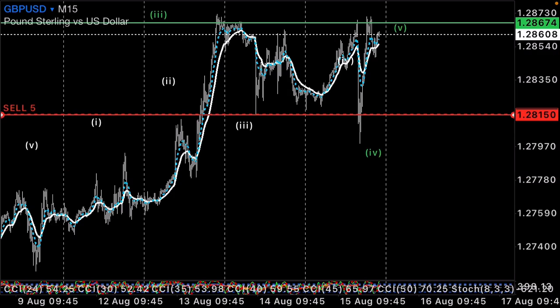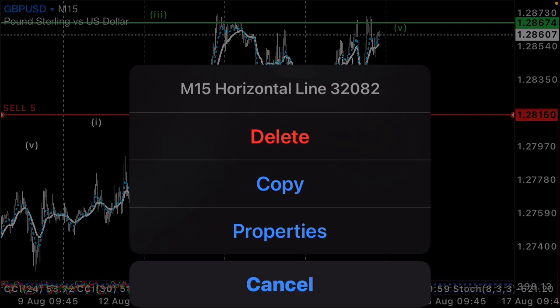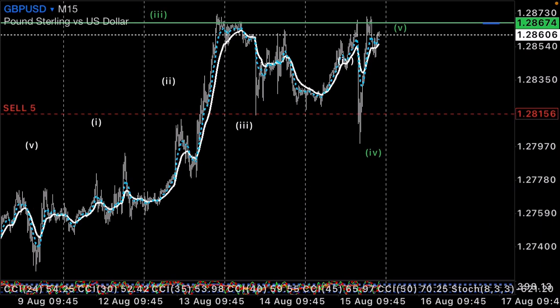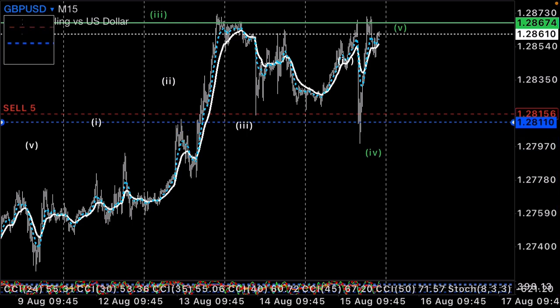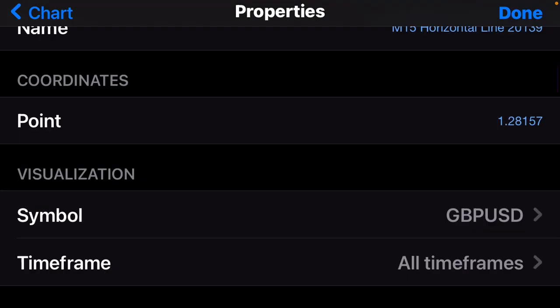The previous low of the day thing doesn't want to go off. Put a new line there. Previous low of the day. Put the property.